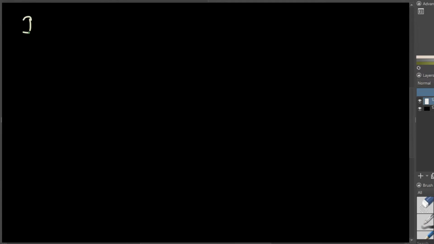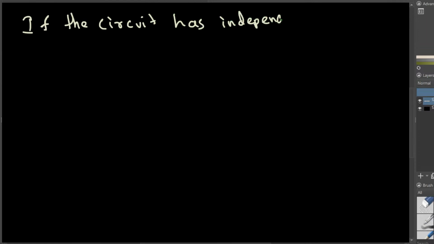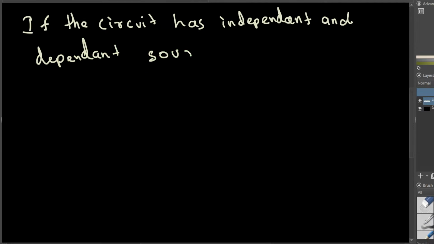So if the circuit has independent and dependent sources, Rth is equal to VOC divided by ISC.